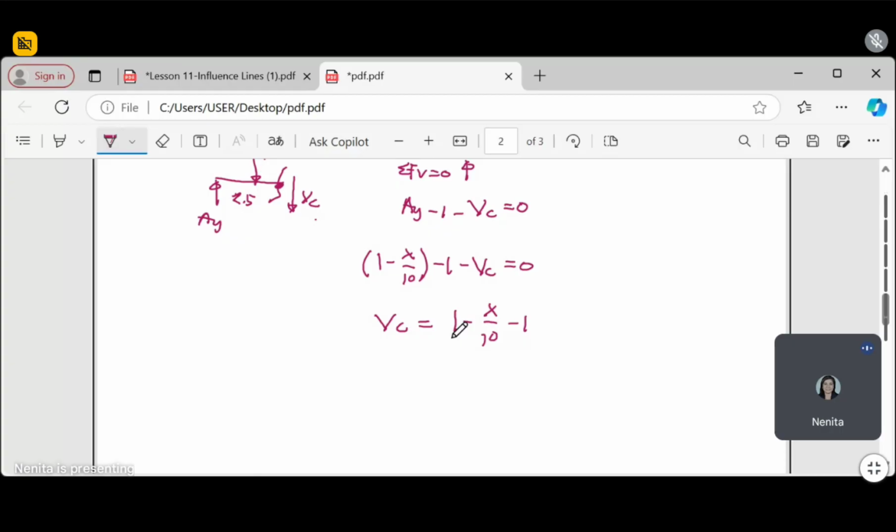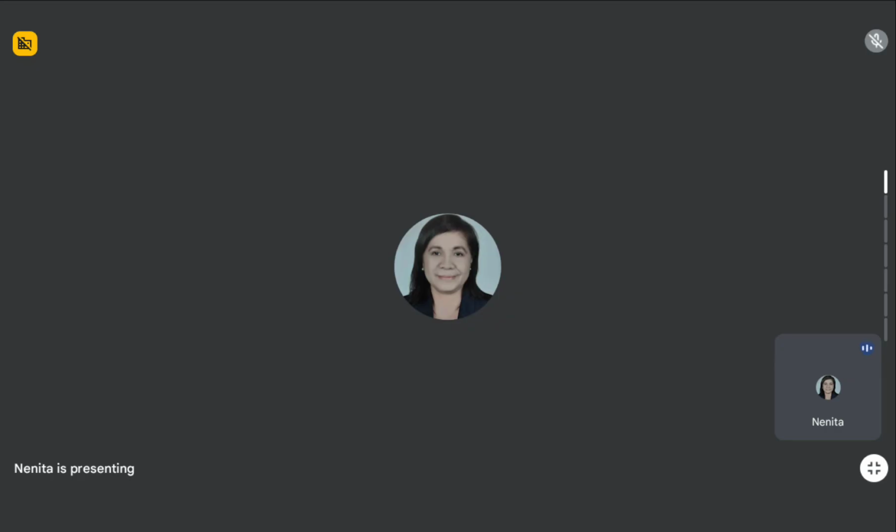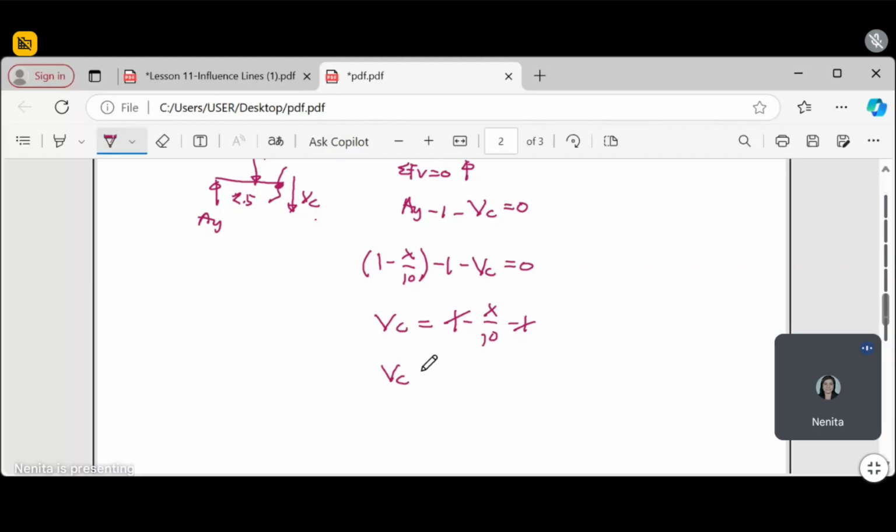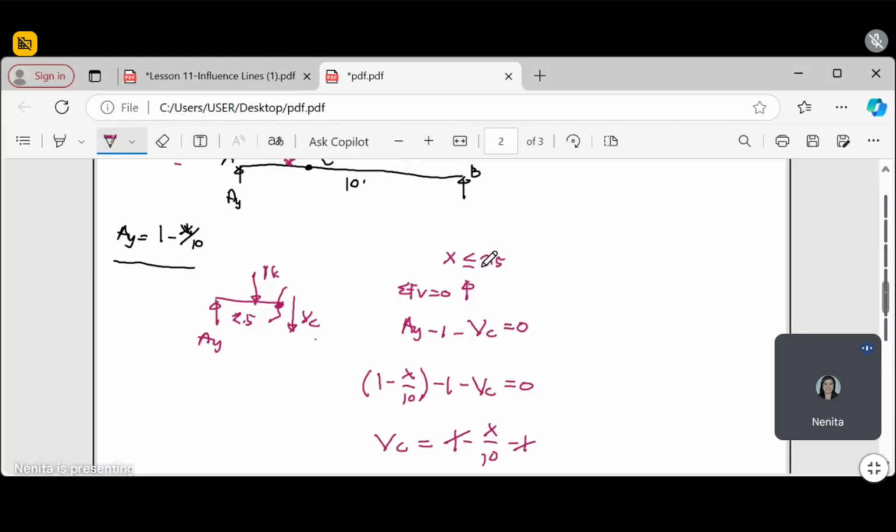So, therefore, ang shear value natin is equal to negative x over 10. Tama ba, class? Yes, ma'am. Sakto ba, class? Okay, good. Now that is if our x is lesser or equal to 2.5.